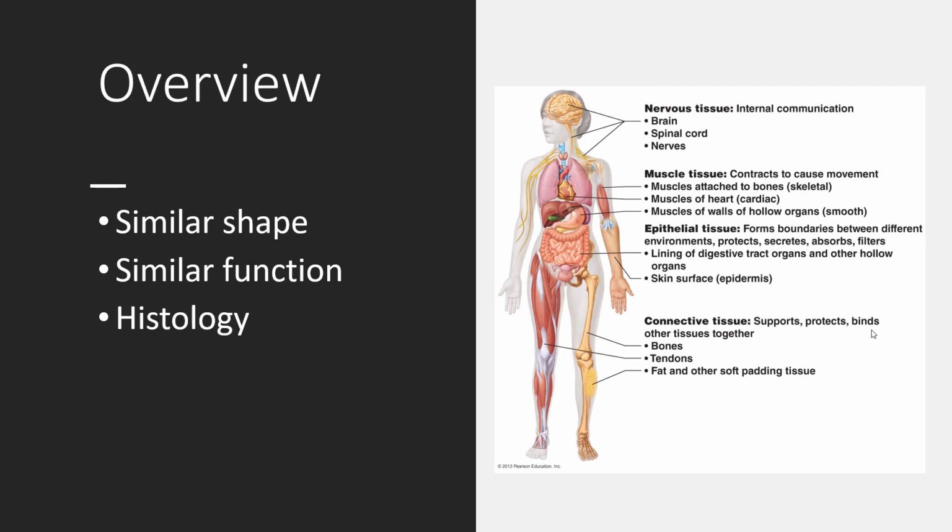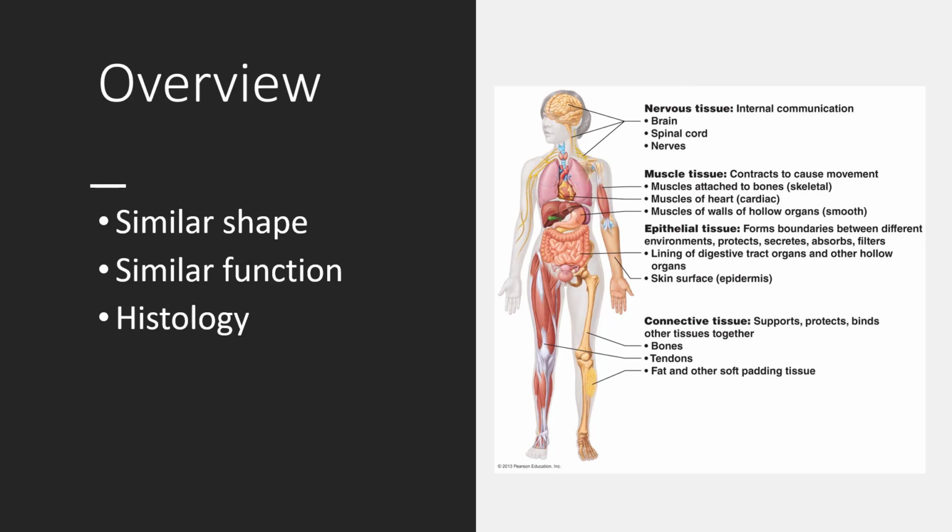And there are a lot of different tissue types in the body, but they are classified into 4 basic tissue types. And those 4 basic tissue types are epithelial tissues, connective tissues, muscle tissues, and nervous tissue. And we will look at the different types of each of those today.